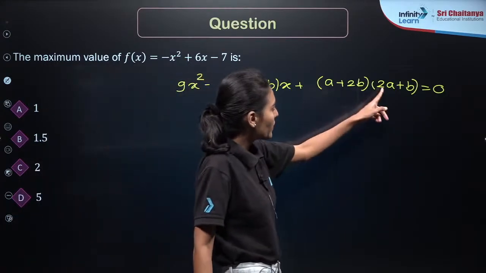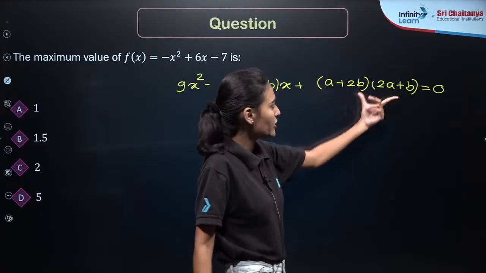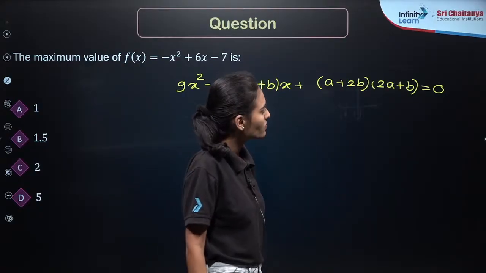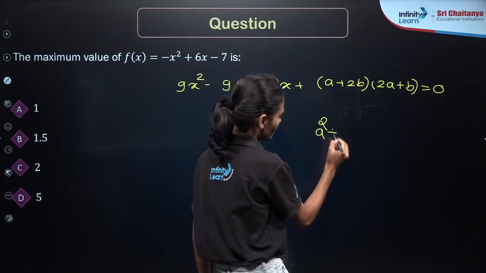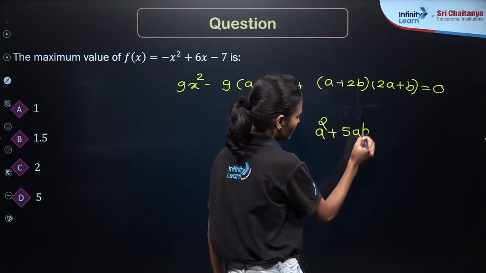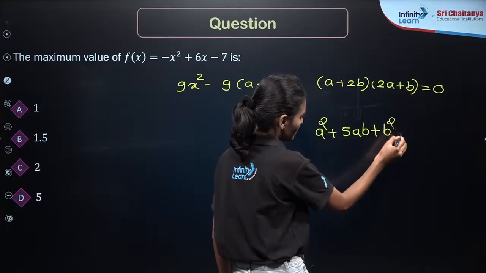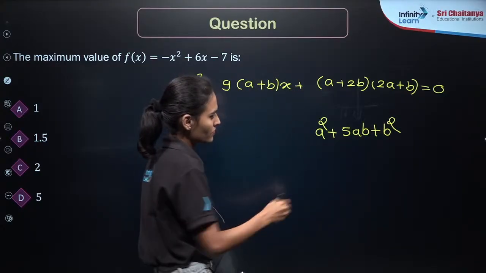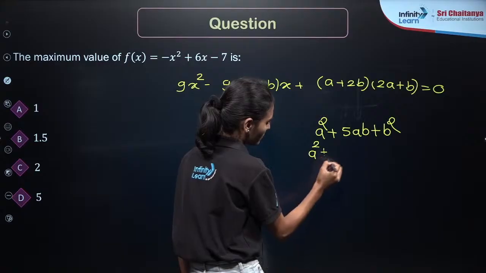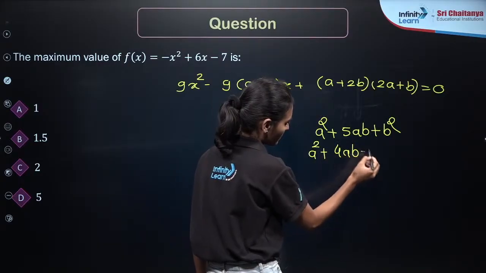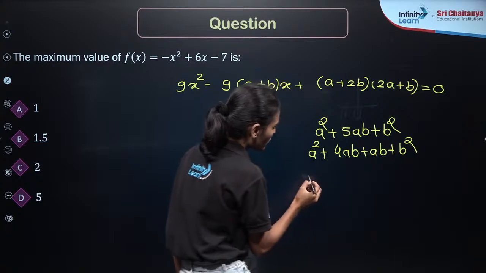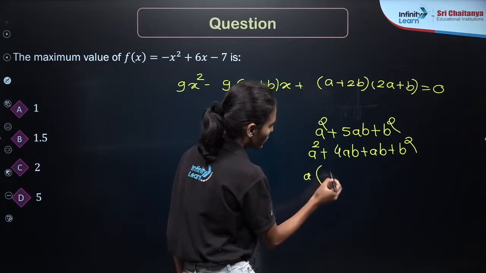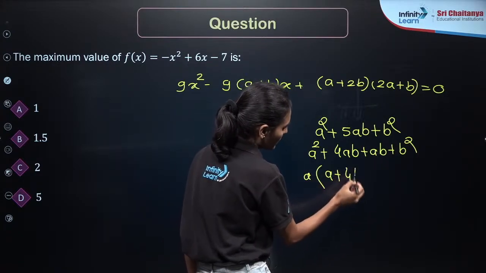Which is nothing but 2a square, 2b square, 2ab and 2ab. Ab you can split this in this way. So this will be a is common, so this will be a plus 4b.